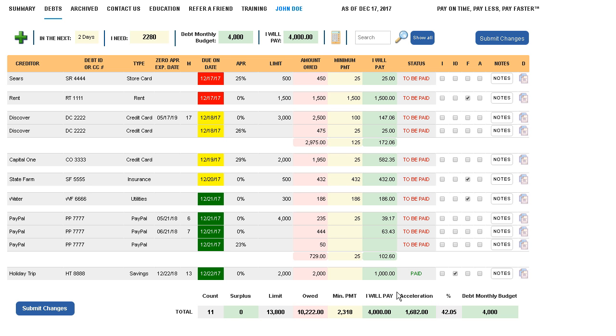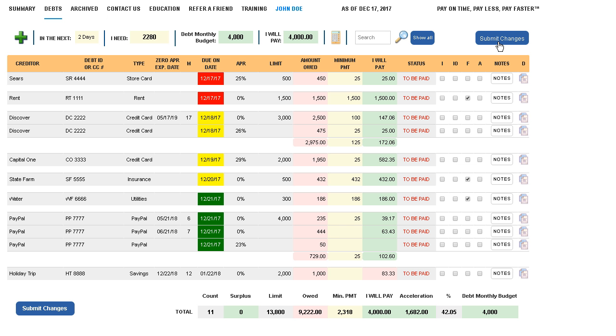Okay, if I click paid, this is the important thing to understand, and it's kind of a beauty. I submit the changes, and this is what happens. This one was reduced for the next month to $83 because now the amount owed is only 1,000, right?